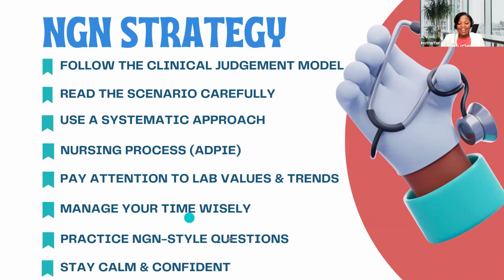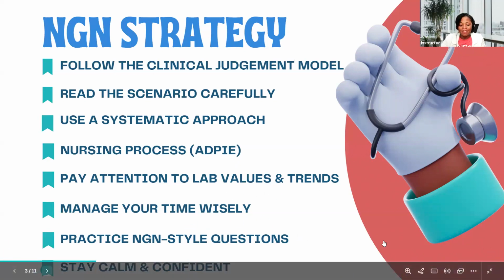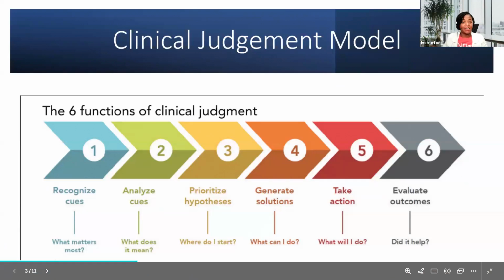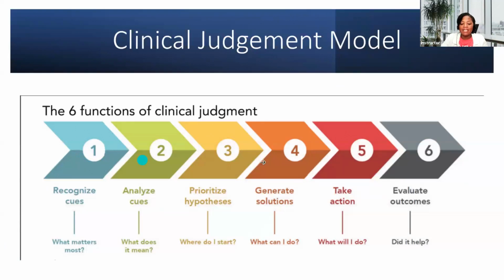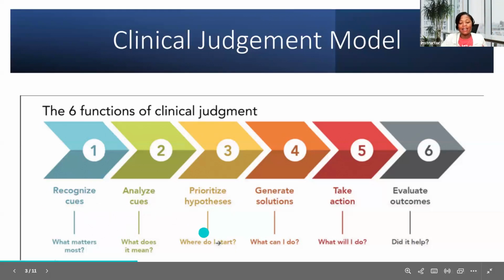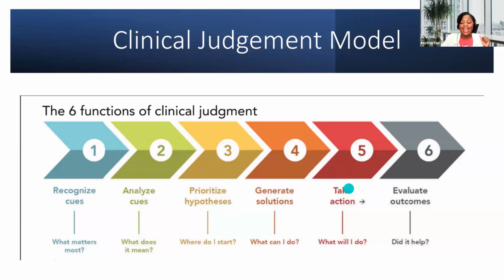All right. And with that being said, this is just a friendly reminder of that clinical judgment model. These are the 6 domains that the NCLEX measures you on when you are testing, and they are measuring your ability to successfully, at an above passing standard, recognize patient cues, analyze them, prioritize the problem, come up with some solutions, take some actions, which means to carry them out, and then evaluate, right?